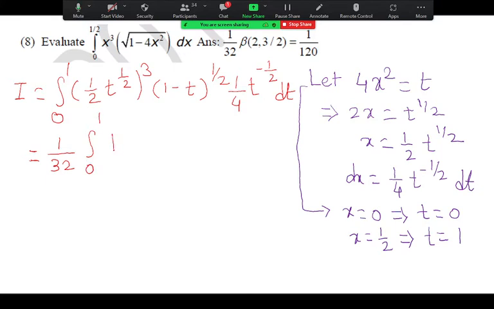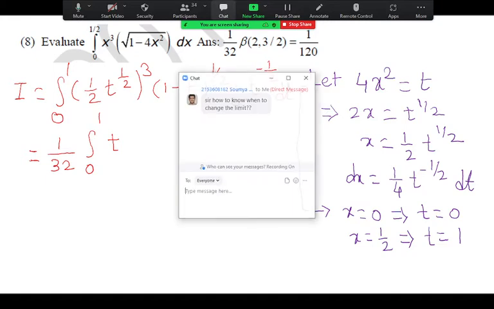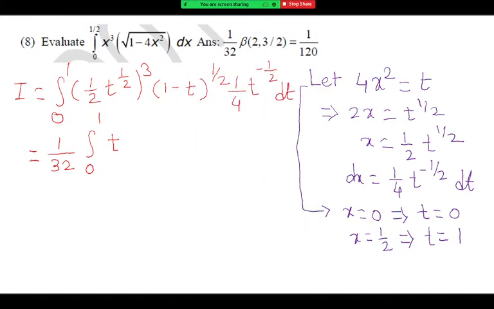This is now the power of t. What should be the power of t? 3 by 2 minus half, that is 3 by 2 minus 1 by 2, which is just 1. Yes, sir. So it is t into root of 1 minus t.